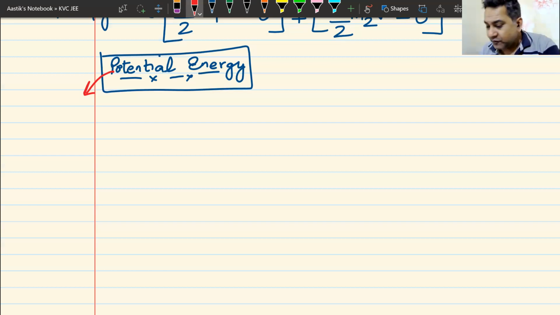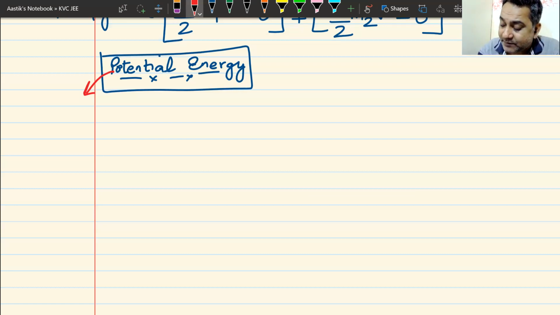Example of potential energy: if you have a hill and you have a big block on the top of that hill, a stone, if you just make it fall down, it can do some work. While it's sitting on the top of the hill, it does not do any work, but it has the potential of doing work. That is potential energy.